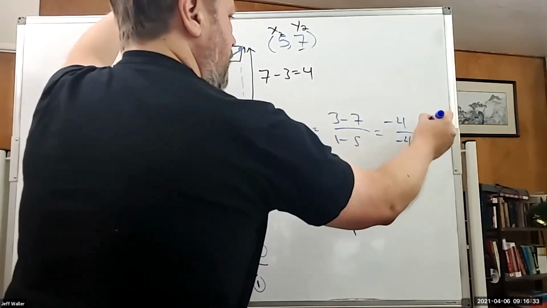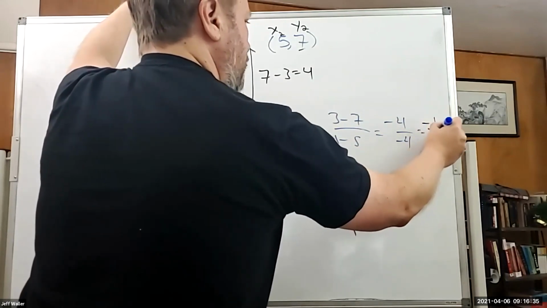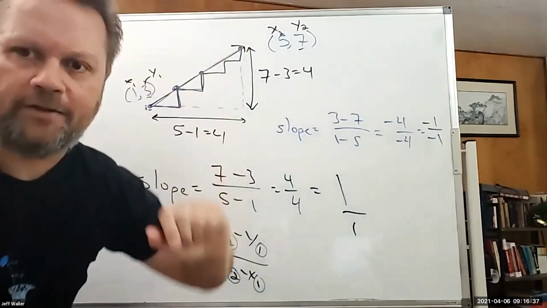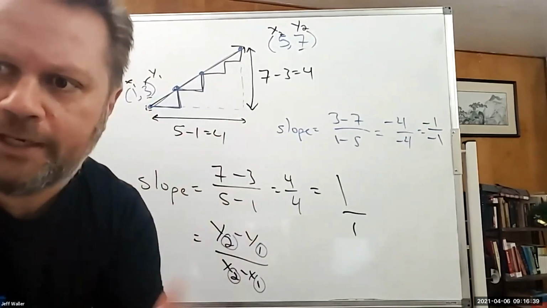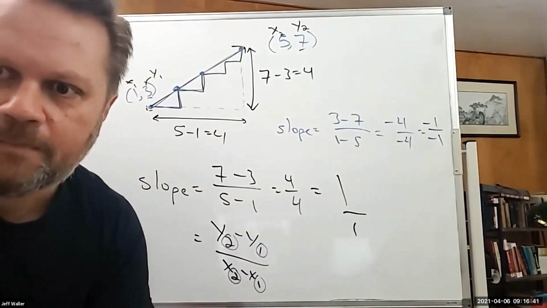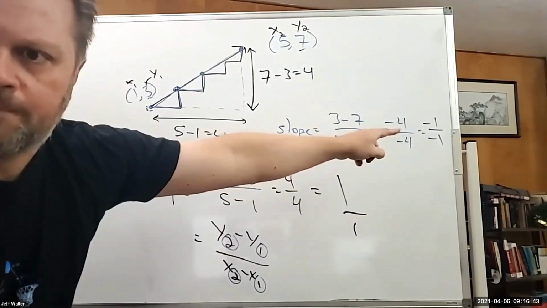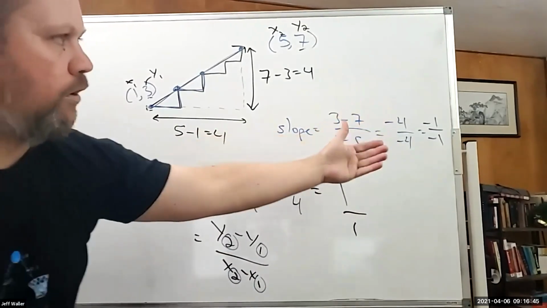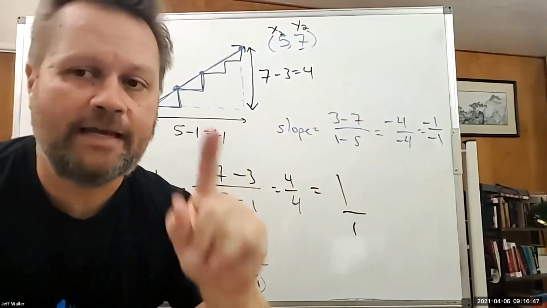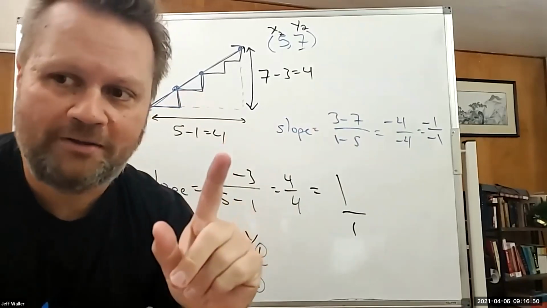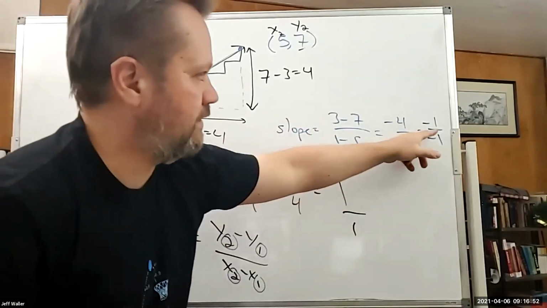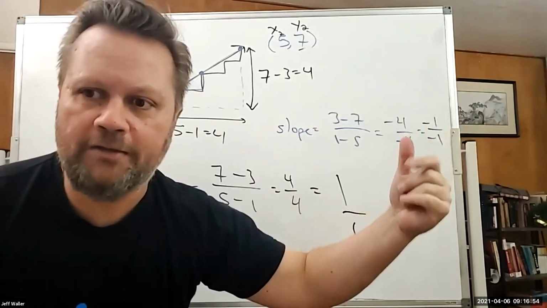Are you guys cool if I put this as -1 over -1? I know this is kind of stupid. You would never do that, but could I? Do you see that? Is this wrong? It's not done, but is it wrong? No, it's just not done. The next step I would say it equals 1, of course.